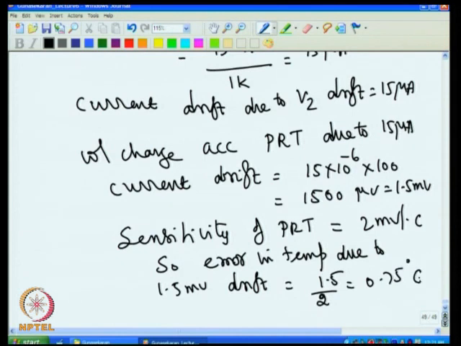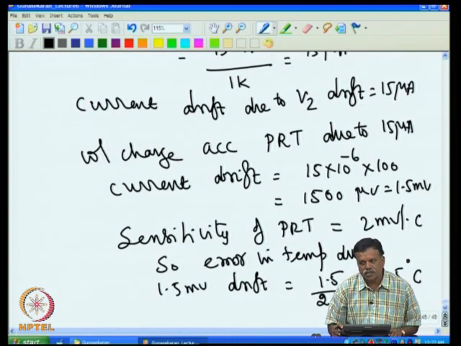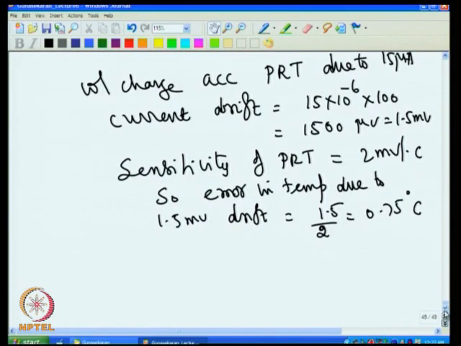That means because of the Zener drift, you will have a 0.75 degree error in temperature measurement actually. Whether the error is significant or not depends upon the actual application, but this much error is expected.